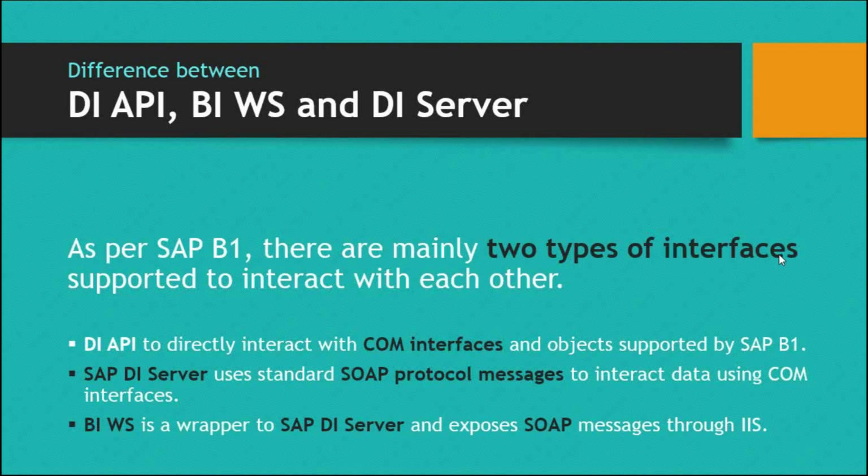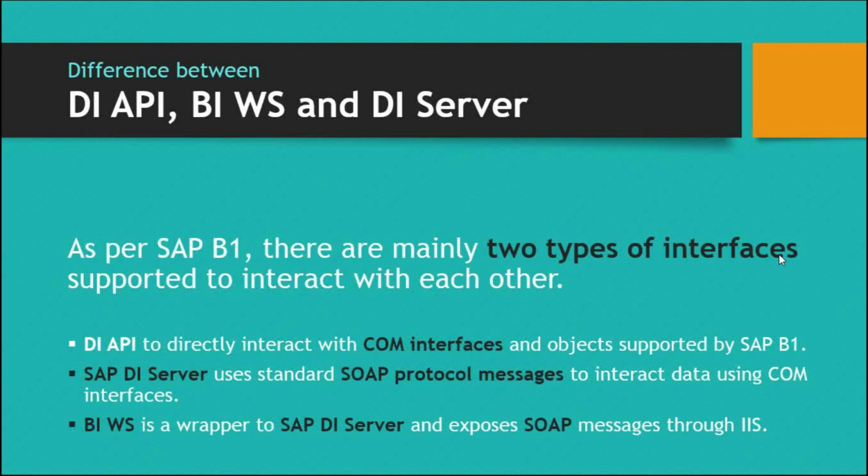The DI server, on the other hand, uses SOAP messages through a COM interface which is provided by the SAP system also, and these SOAP messages are standard interfaces, standard XML formats, or standard envelopes which you can pass to the COM interface, and the COM interface will deserialize and understand the exact XML and put or get the data from the SAP business systems.